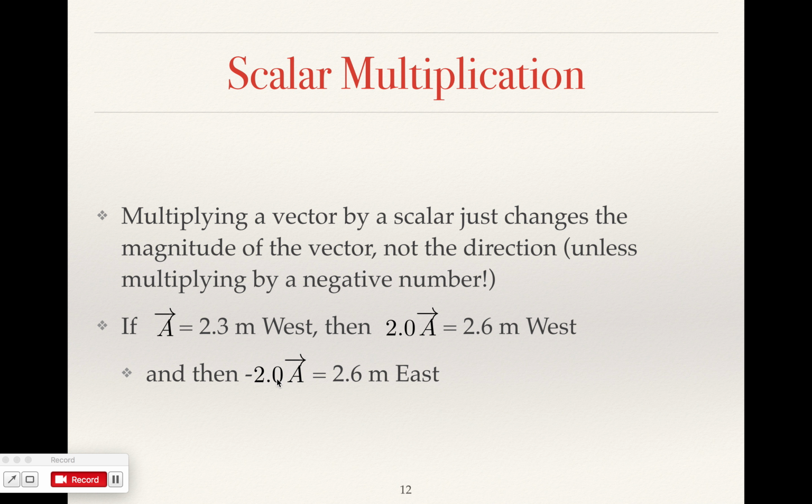The 2 just multiplies, 2.3 times 2 is 4.6, and the negative sign means it flips direction. My initial vector was west, so since I multiplied by a negative, my resultant is going to be east.